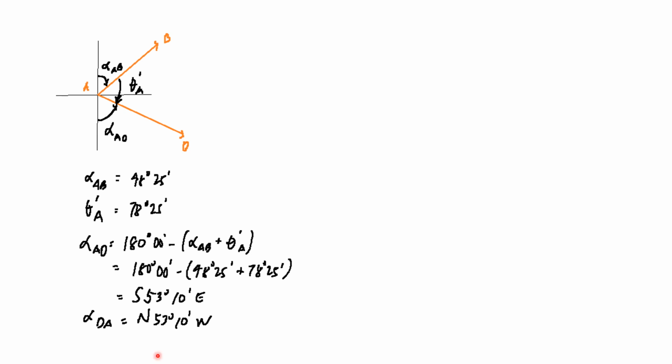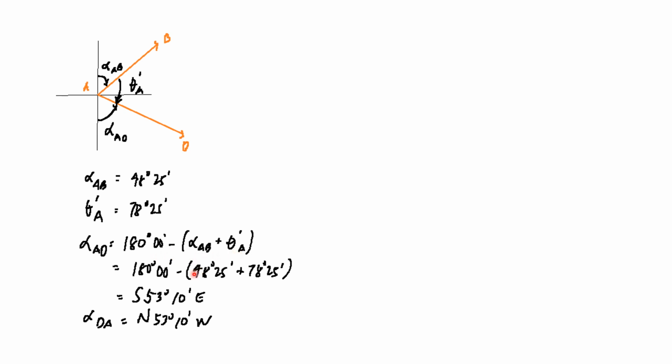Next, we determine the bearing of the traverse lines given the bearing of line AB to be north 48 degrees 25 minutes east. Since we already have the adjusted angle theta A prime equal to 78 degrees 25 minutes, we determine the bearing of line AD, denoted by alpha of AD, which is equal to 180 degrees minus the sum of alpha AB and theta A prime.